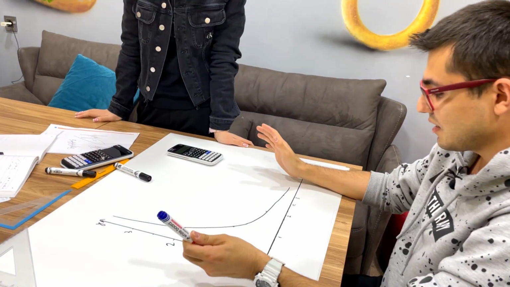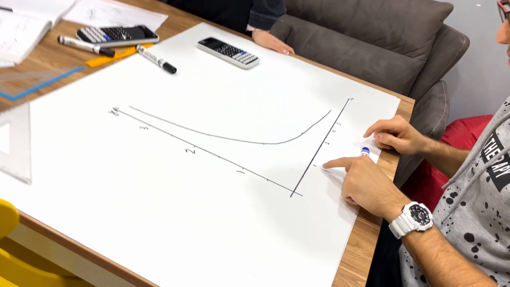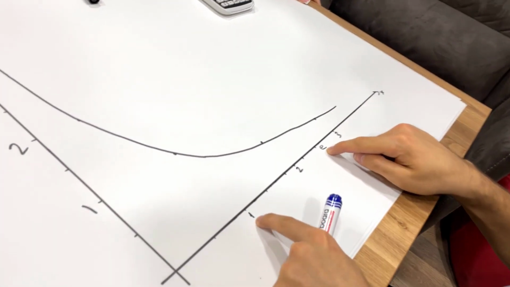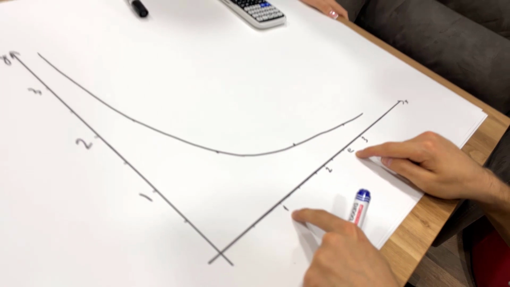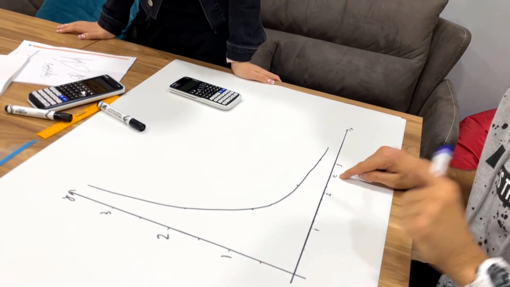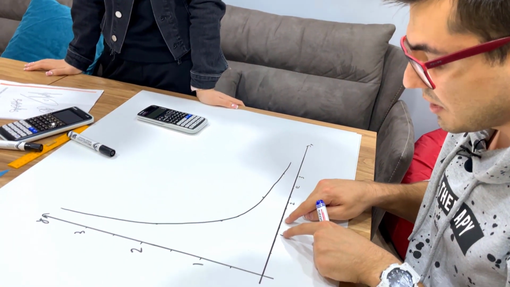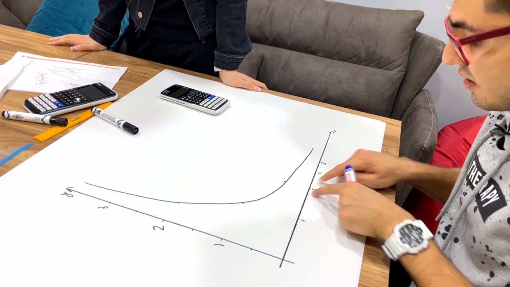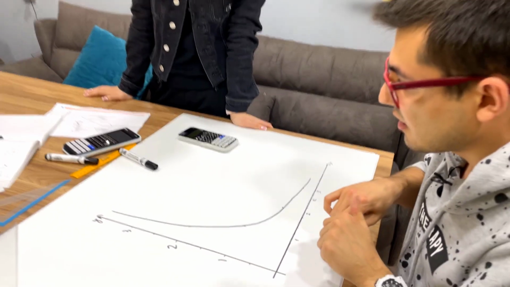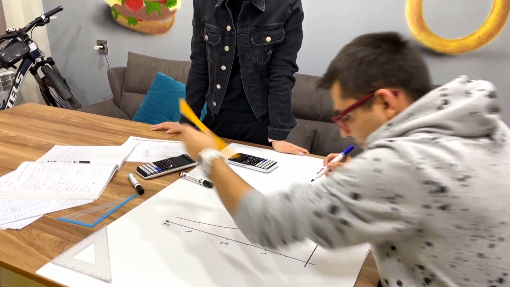Our interval is from 1 to e. For now, let's divide it into 4 subintervals, 4 rectangles. The first interval will be here, then here, then here, and then here. Let me grab the ruler.